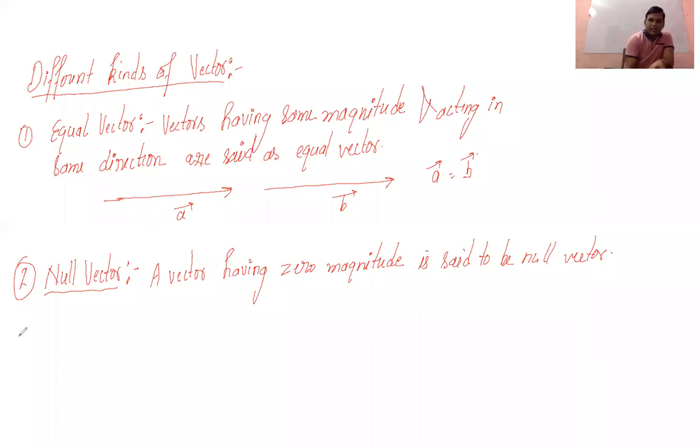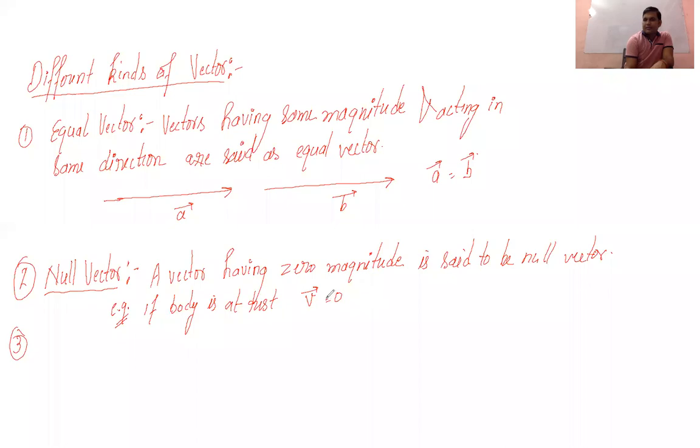Coming to the third example of null vector, the velocity vector.